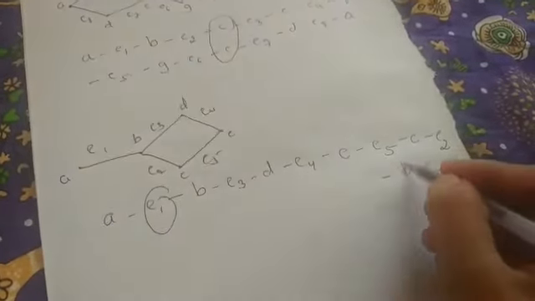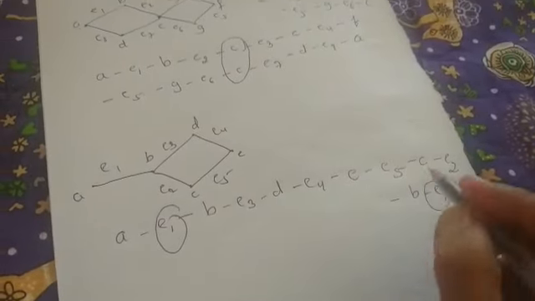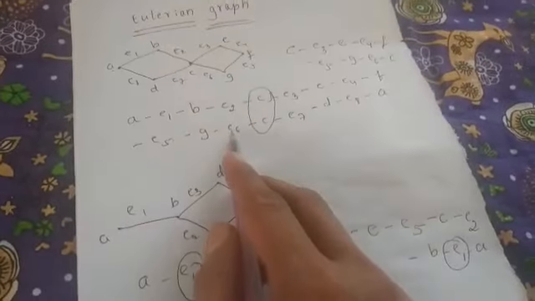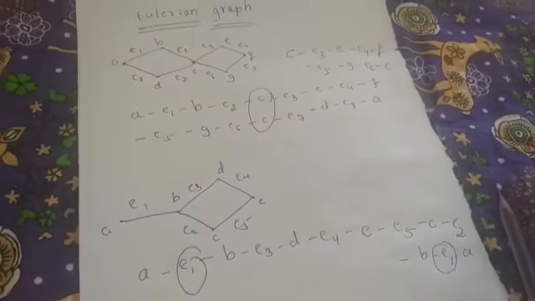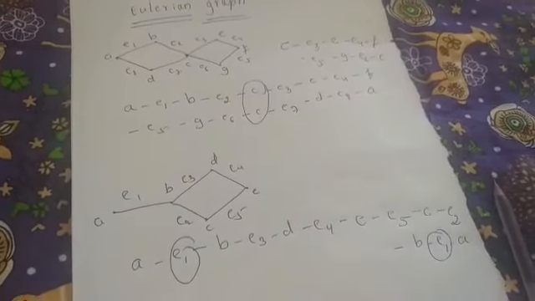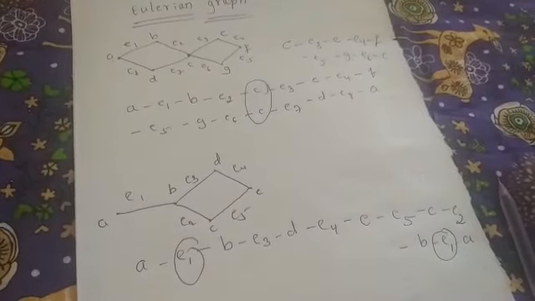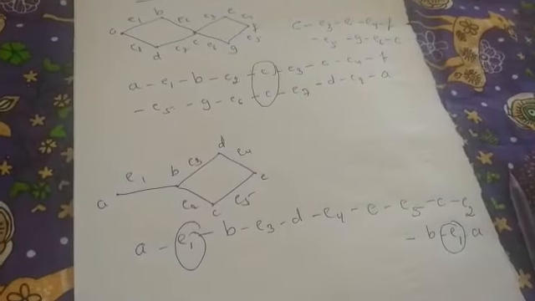The edge E1 is repeated, which is a contradiction to the definition of an Eulerian path. So if you construct an Eulerian path in a given graph, the path includes all the edges exactly one time.